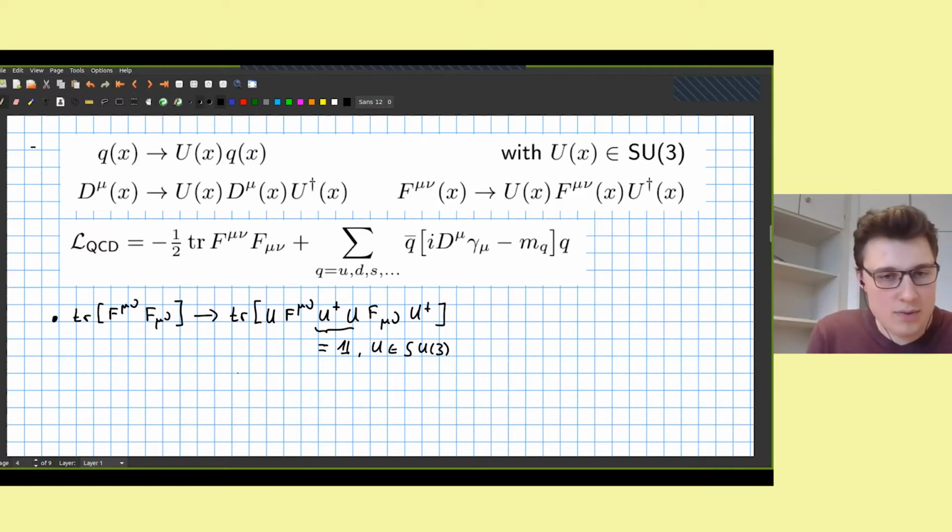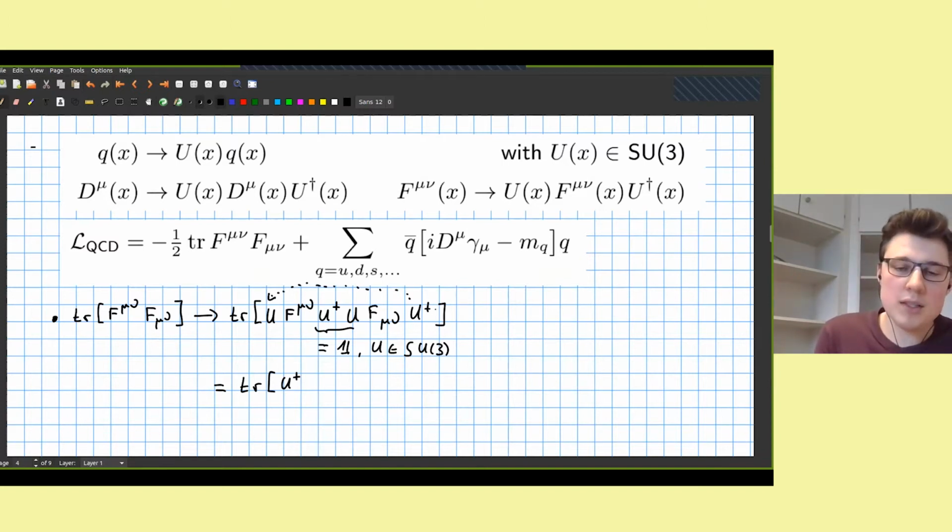So that's actually trivial. Next, we use one of the most useful properties of the trace, namely that we can exchange the order of a matrix product by putting the last factor at the beginning or the first factor at the end.